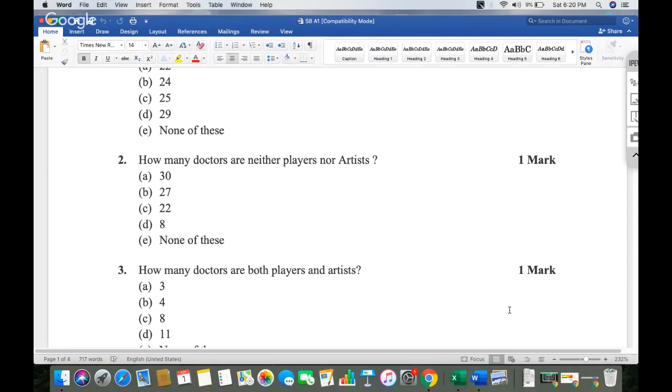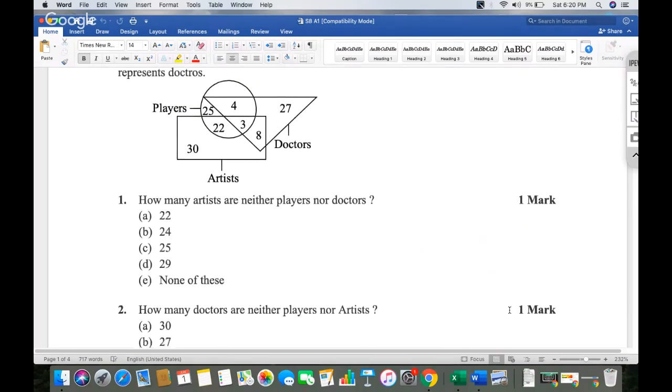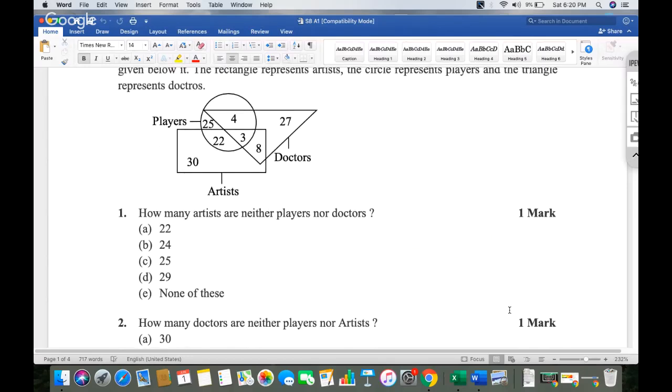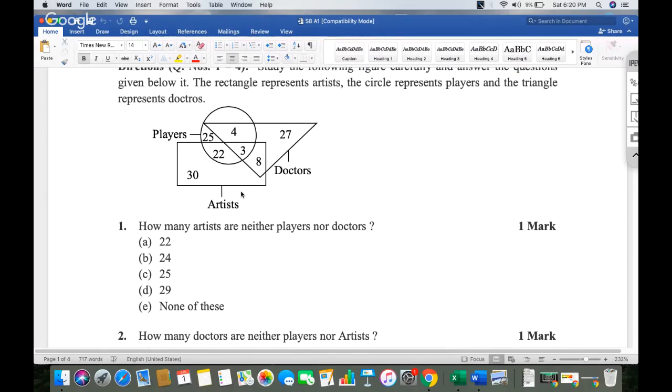The file has been shared with you on the WhatsApp group. You can refer the question from there, or you make this question in your copy and then answer the questions.